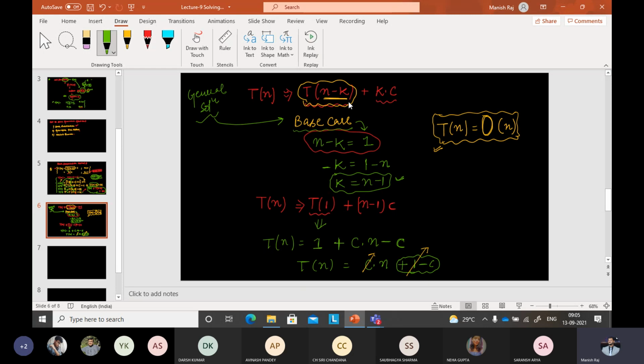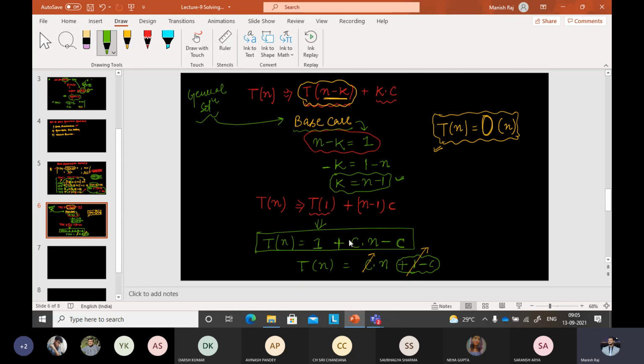Now if I am putting the value of base case here, what is the situation? Now Tn will be T of n minus k, you already took the 1, so you will write the 1 here. In place of k you have put n minus 1, so c is the constant, that is multiplication. When you get this type of situation, then you will find out the complexity.